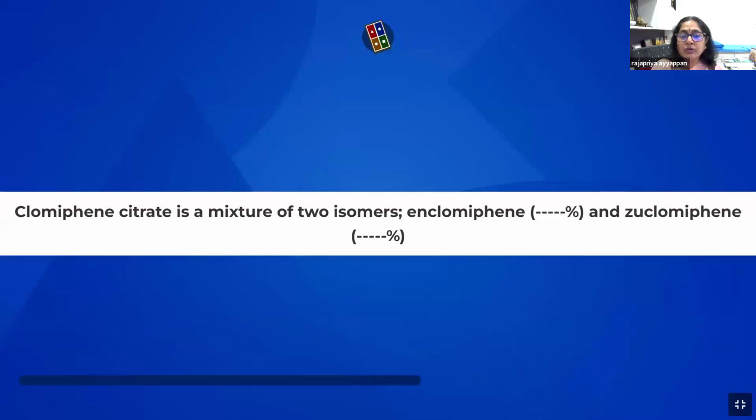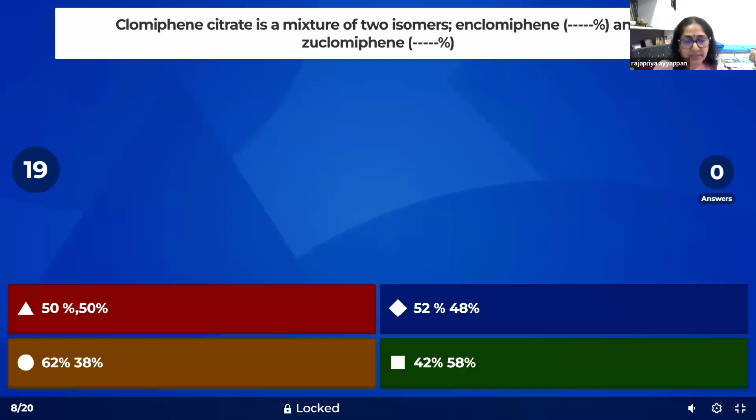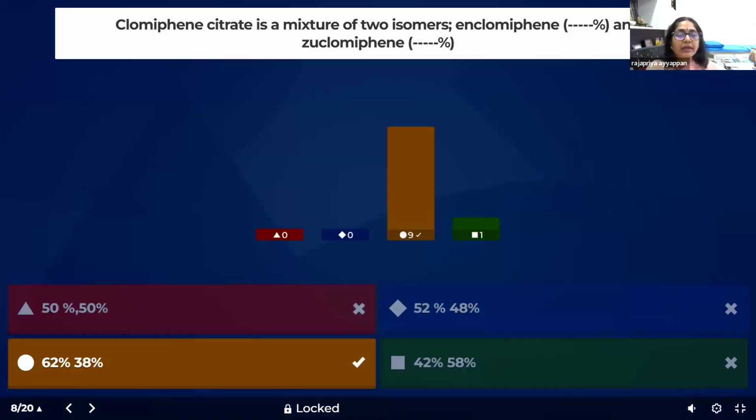Clomiphene citrate is a mixture of two isomers, en-clomiphene and zu-clomiphene, in a particular percentage, which is 50-50, 50-48, 60-38, 40-58. Right, it's a perfect score by most, it's 60-38%.